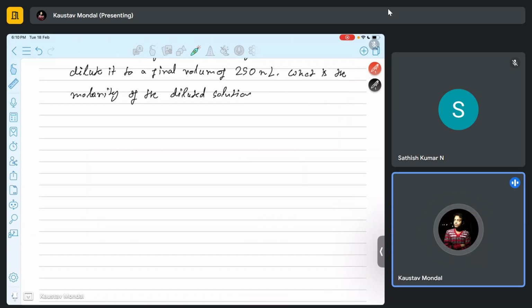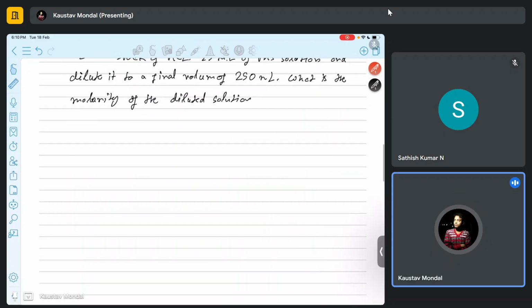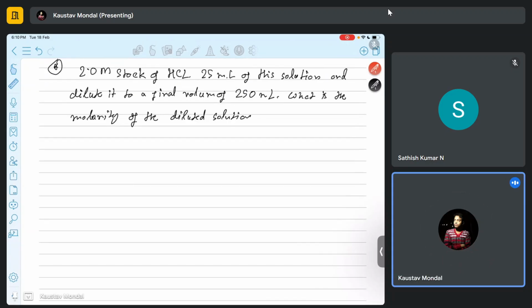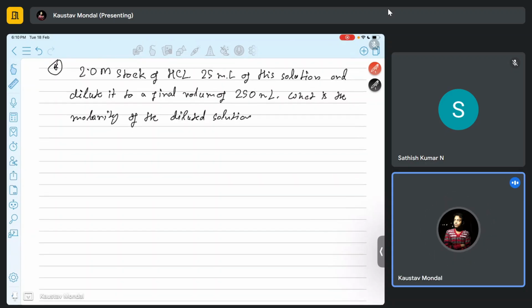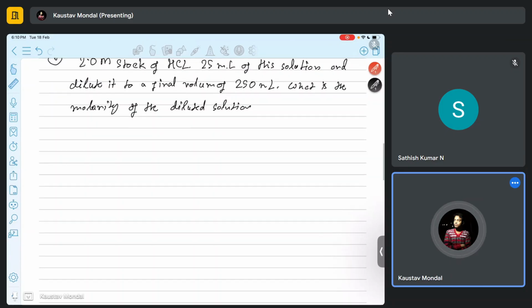Okay, so in order to calculate this, you have to solve this problem in two steps. First you have to calculate the number of moles of HCl in 25 ml of the 2.0 m stock solution. So step 1: moles of HCl in the initial solution.